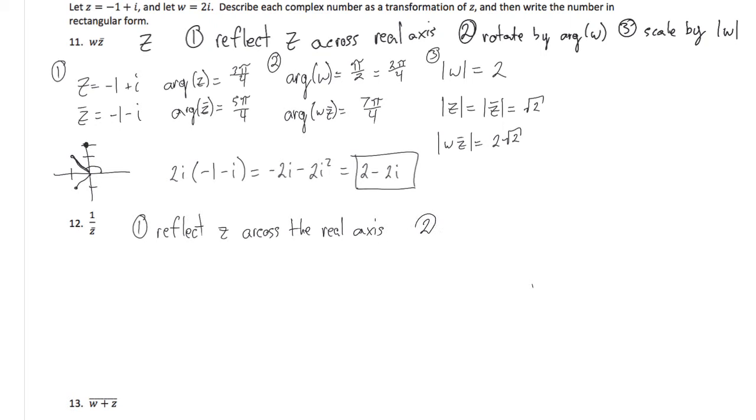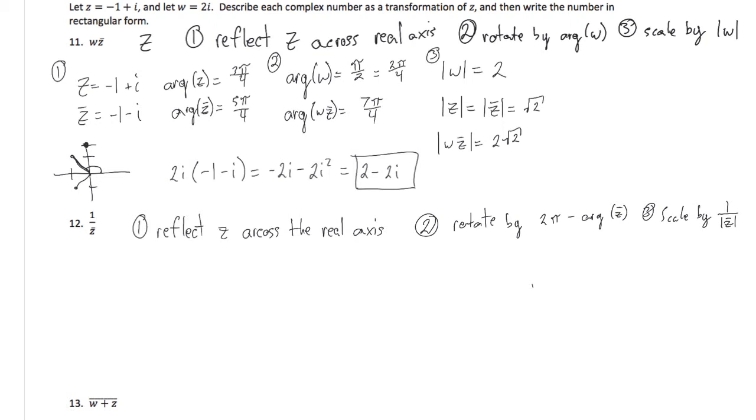And then after we reflect across the real axis, two, we are going to rotate by 2 pi minus arg z bar. And then three, scale by 1 over the modulus of z bar.